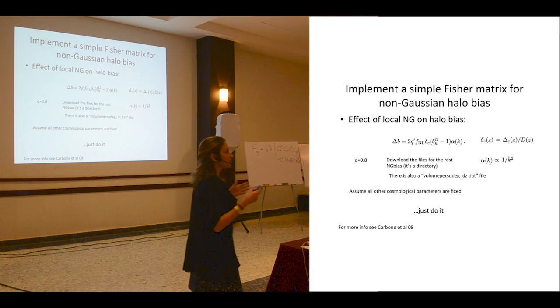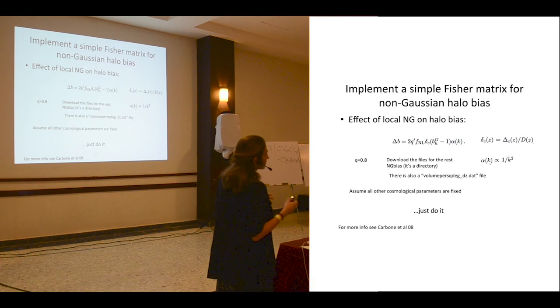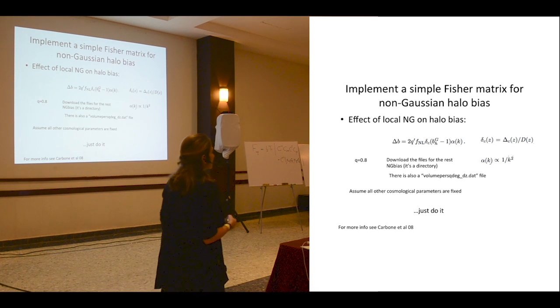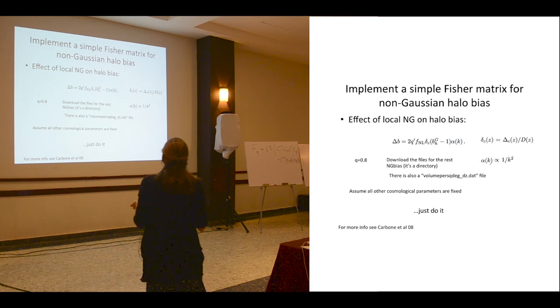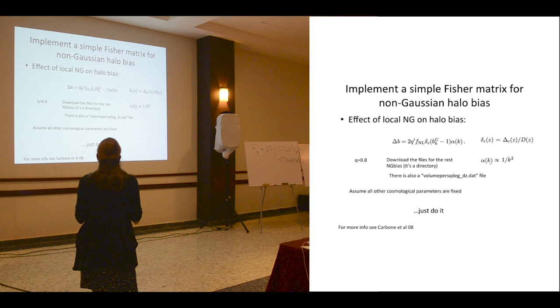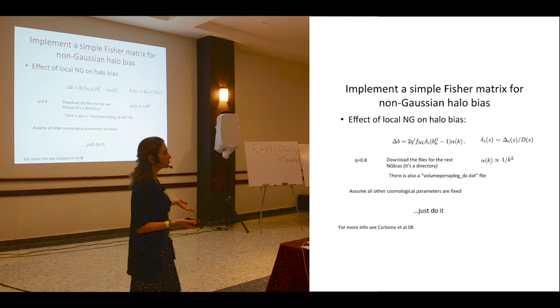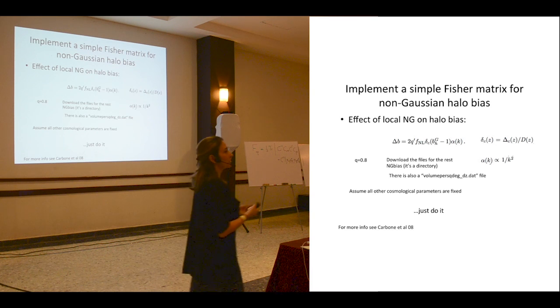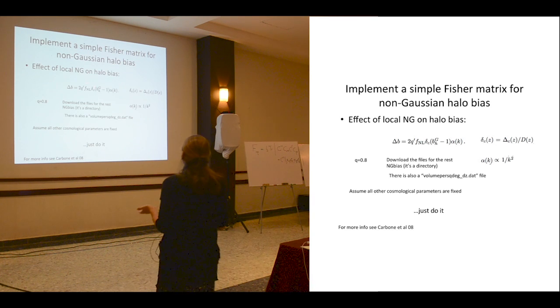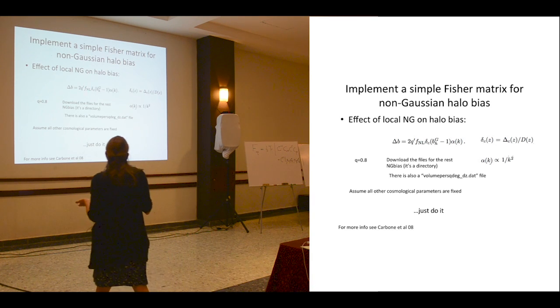I'm not going to go through the physics of that. I'm just going to tell you what the effect of this primordial non-Gaussianity is on some observable. So what happens basically is that there is a correction to the bias of these objects, halo clusters, that depends on the non-Gaussianity parameter, which is called fNL.